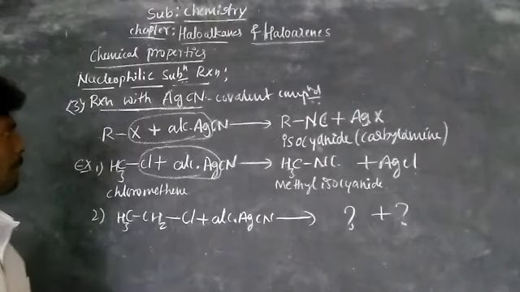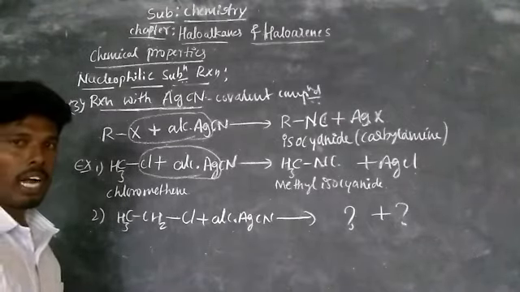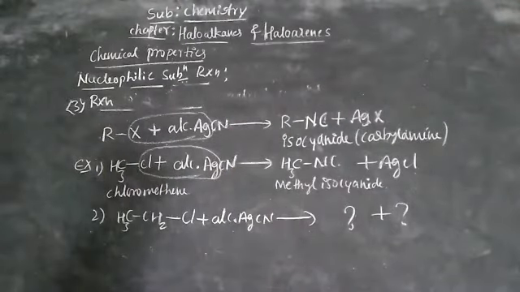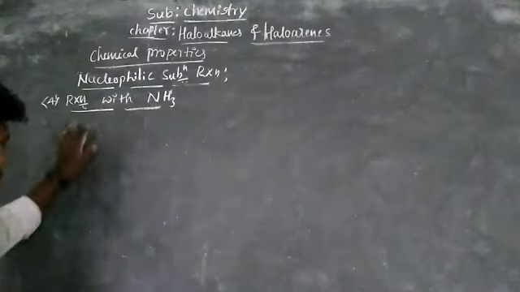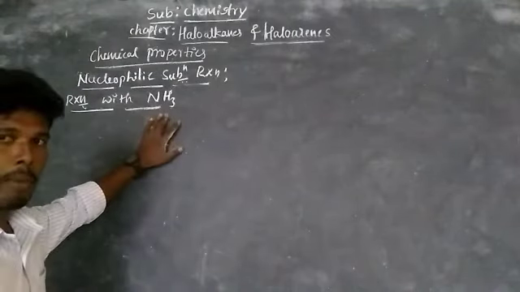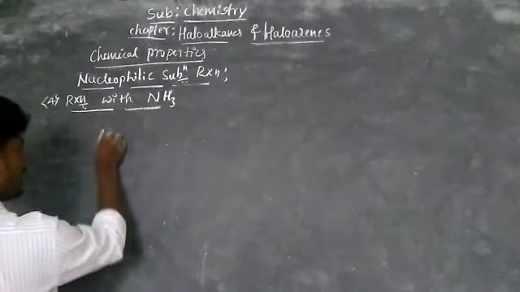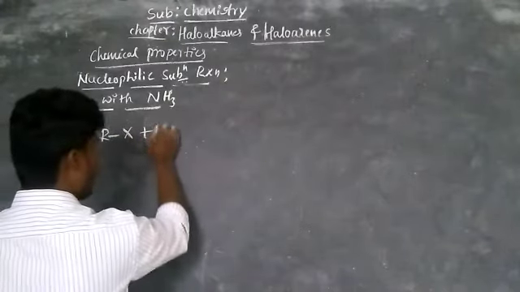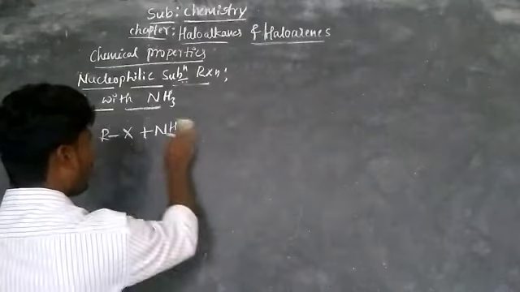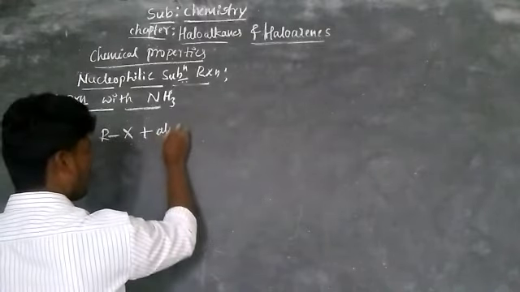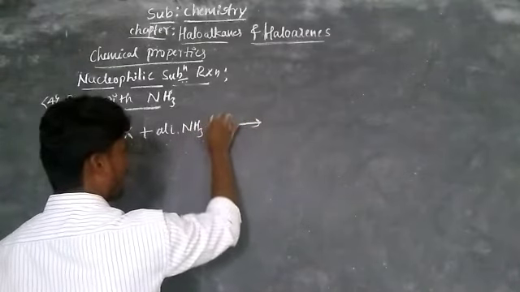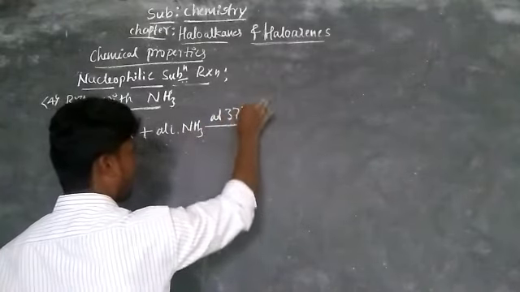Similarly, the fourth chemical reaction is the reaction with ammonia. Here, alkyl halide is treated with alcoholic ammonia at 373 Kelvin.